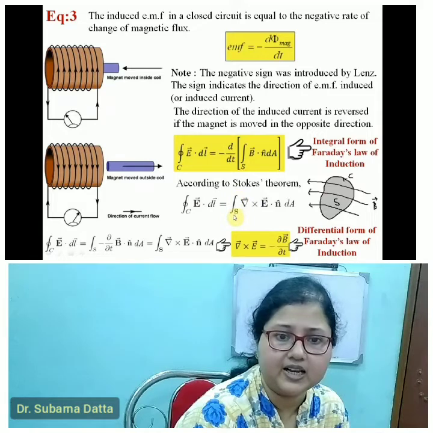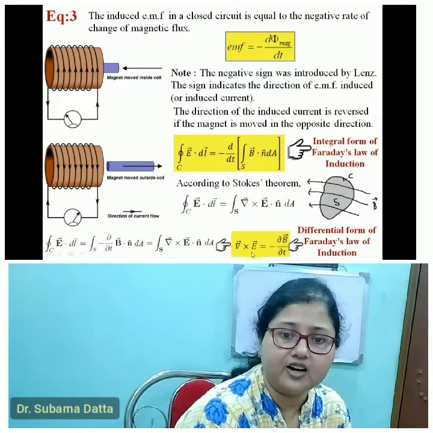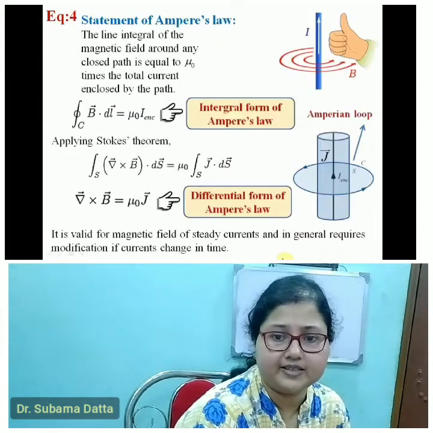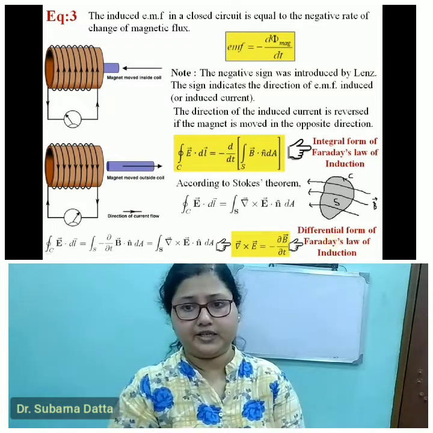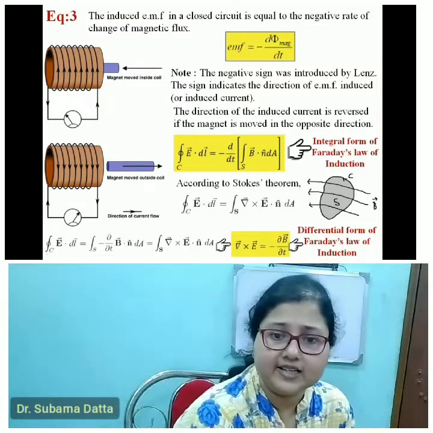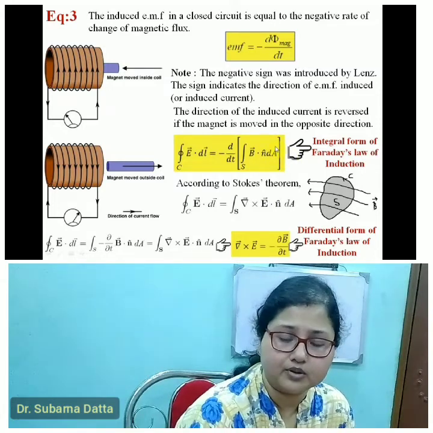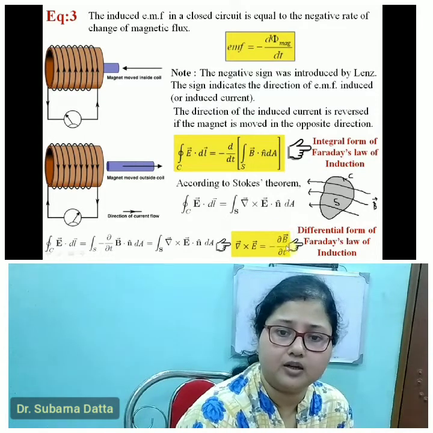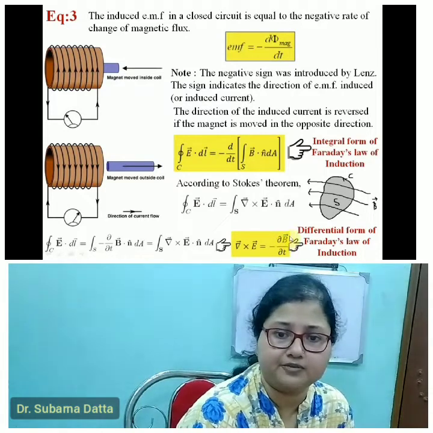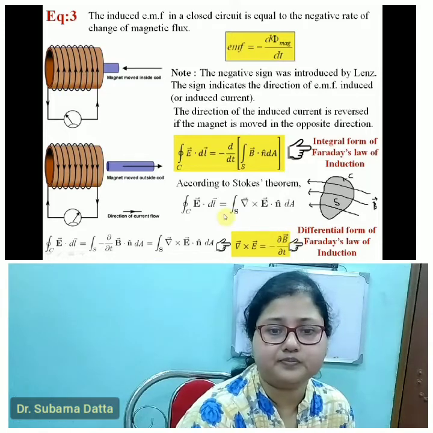Equating these two equations, we get that curl of E is equal to minus del B by del t. This is the differential form of Faraday's law of induction. Why is it del by del t? Because we have assumed that the area is constant, and we partially differentiate with respect to time only the magnetic field B. That is why it is del by del t of B.